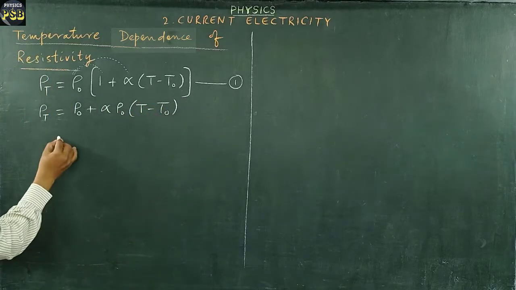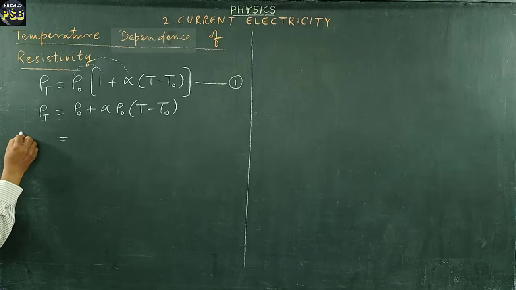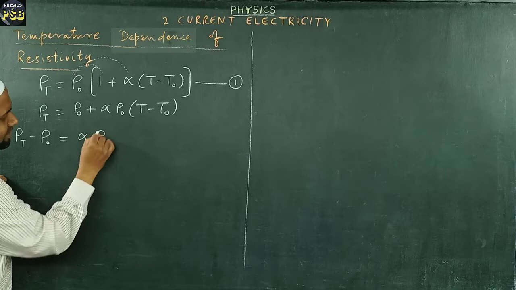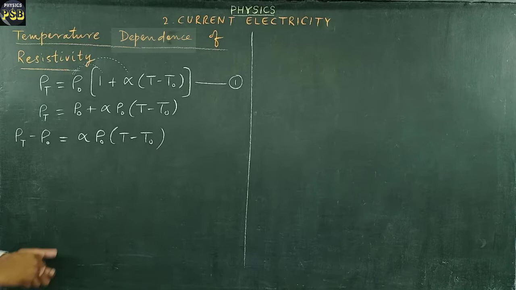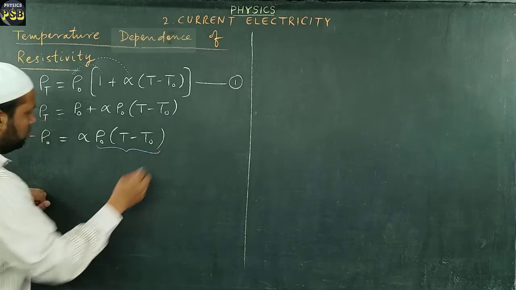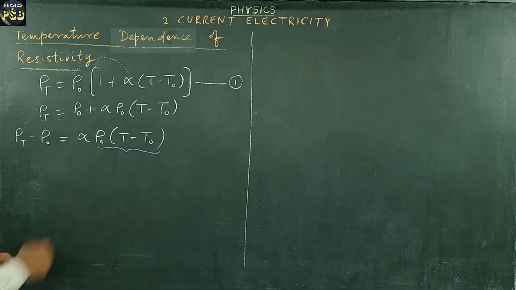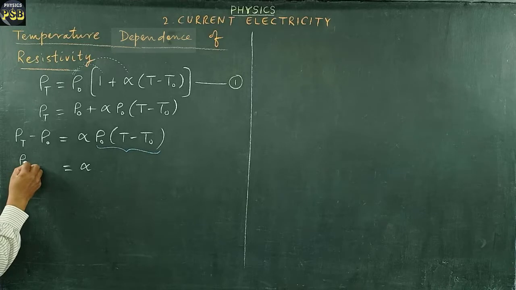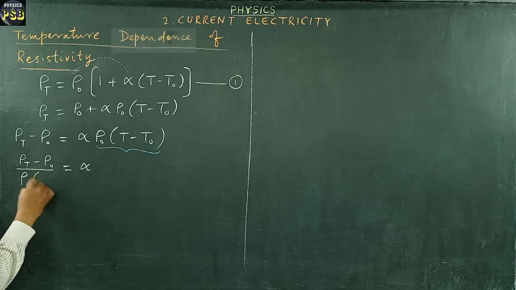Then rho naught is taken to the left hand side, so it will be rho T minus rho naught. Then this term remains. Afterwards, I take this term to the left hand side. By doing so, only alpha remains on the right hand side. The remaining terms are brought to another side and we get the expression something like this.